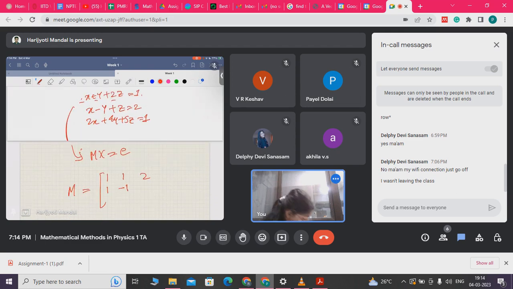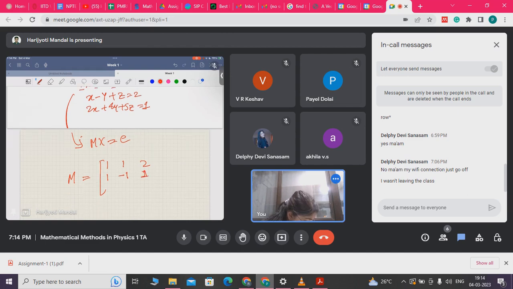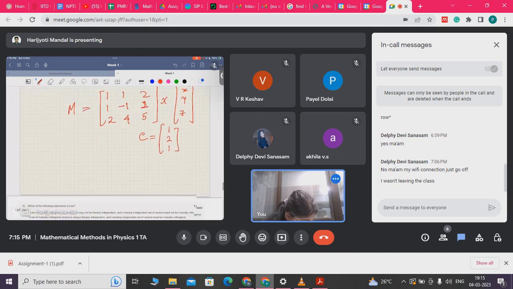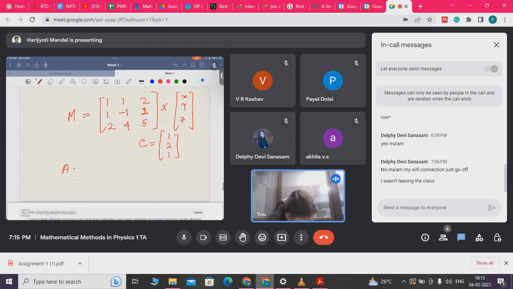So M can be written as 1, 1, 2, because here the coefficient is 1, here also 1, this is 2. Similarly, the next line will be 1, minus 1, 1, and then 2, 4, 5. X will be x, y, z, and c will be 1, 2, 1.